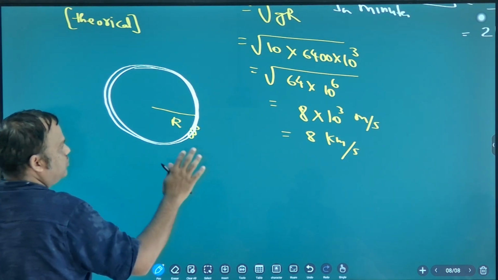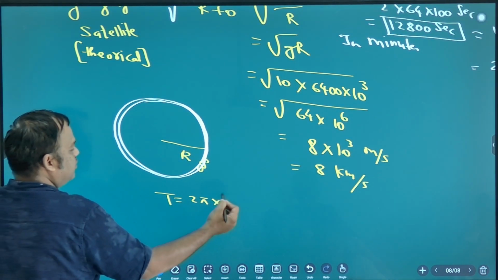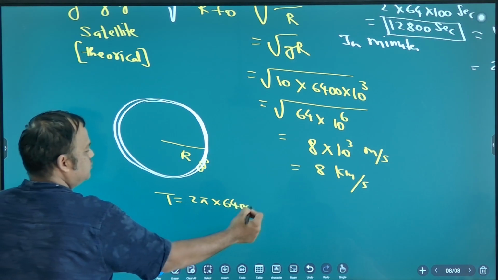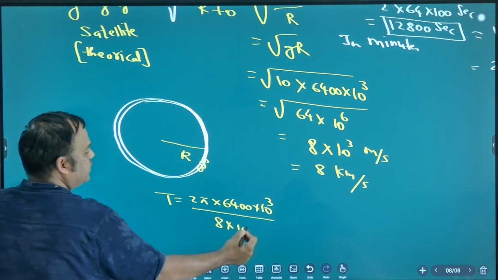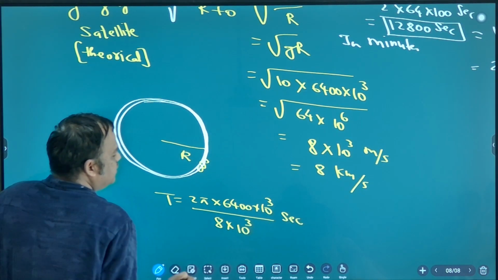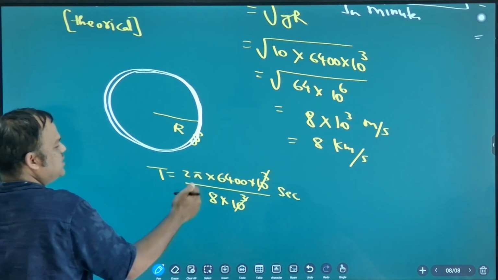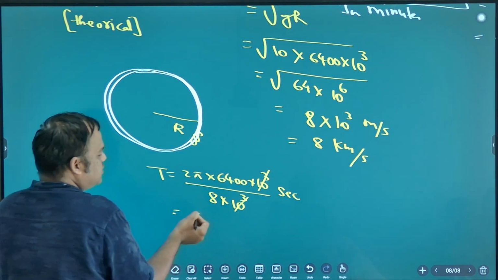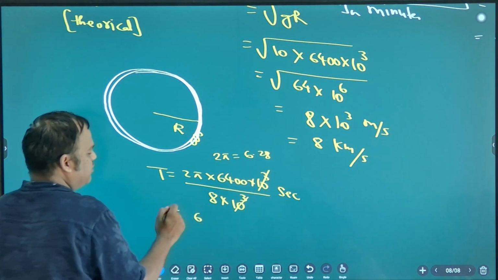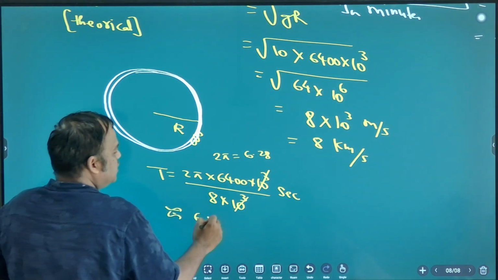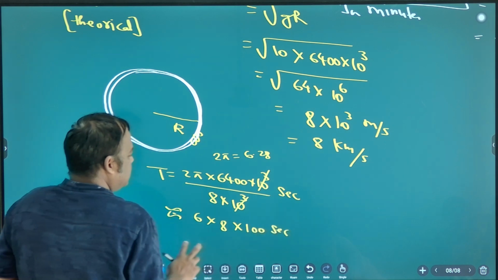From speed, you can also calculate time. So time will be equal to 2 pi r by v. Now the radius of orbit is the radius of Earth, and the speed we got is 8 into 10 raised to 3. You will get the answer in seconds. 2 pi you can assume approximately 6. Actually 2 pi is 6.28, approximately I am taking 6. 64 by 8, then 100 seconds. Now this is in seconds.